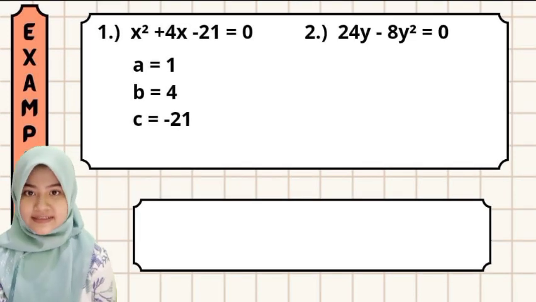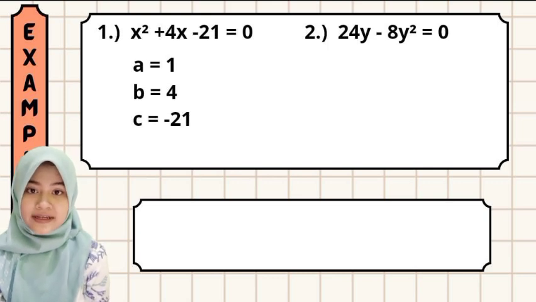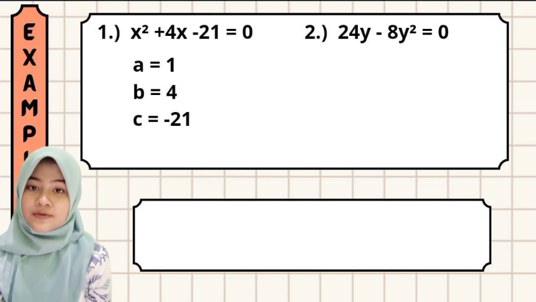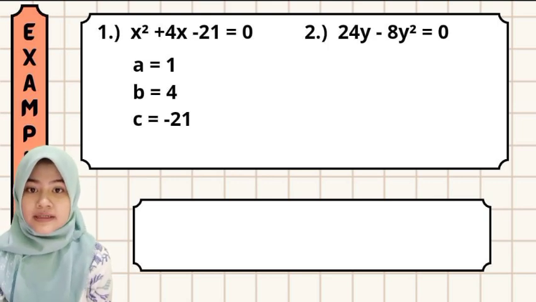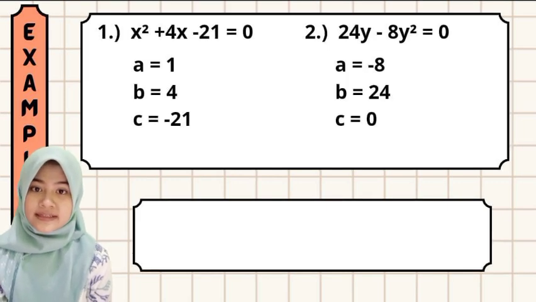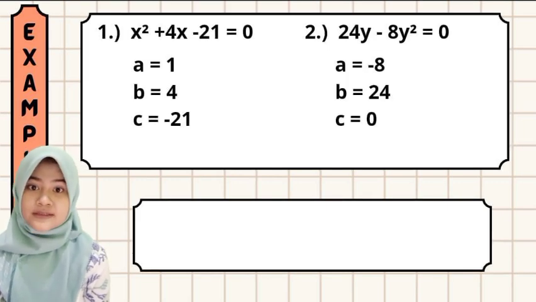The second example is 24 times y minus 8 times y to the power of 2 equals 0. Don't be fooled. a is the number in front of y to the power of 2. So, a is minus 8, b is 24, and c is 0.